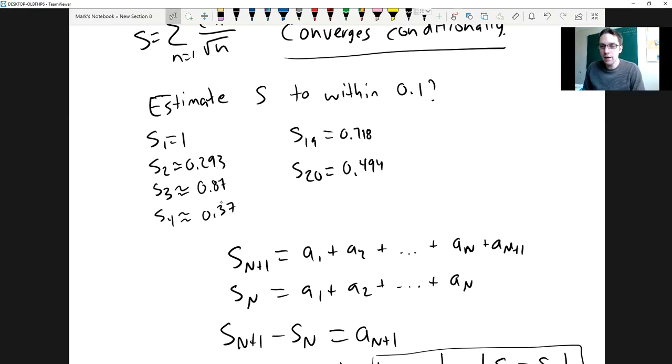And we did that by basically figuring out when do I first add a term that's 0.1 or smaller. As soon as I'm starting to add things that are 0.1 or smaller, I know that my estimate is not going to change much anymore, and so that's going to be a good enough estimate at that point. And so it just took a little bit of algebra to figure out when the terms get smaller than 0.1, but once we did that, we were able to get very good estimates for the true value. Okay? All right, we'll do another example of this in the next video.